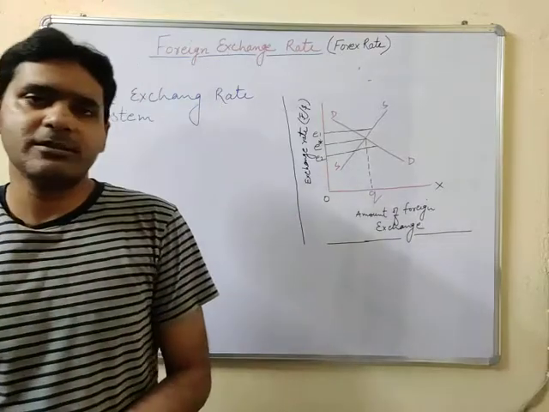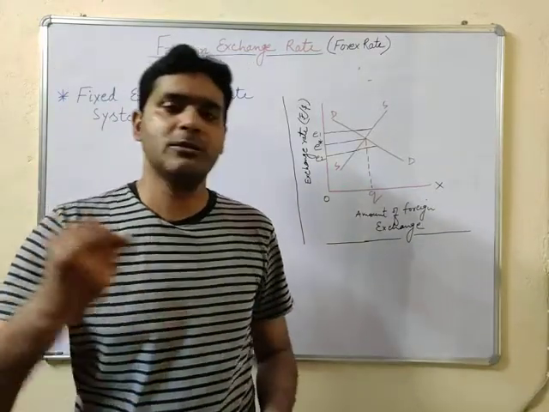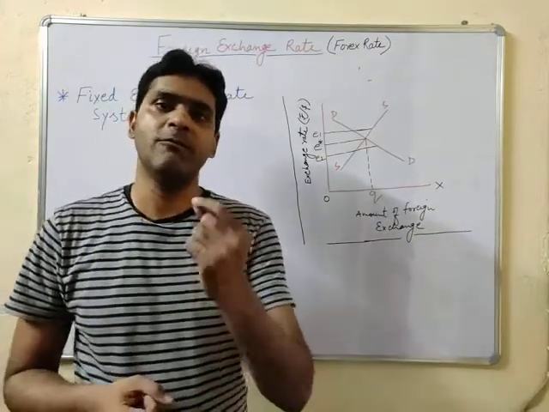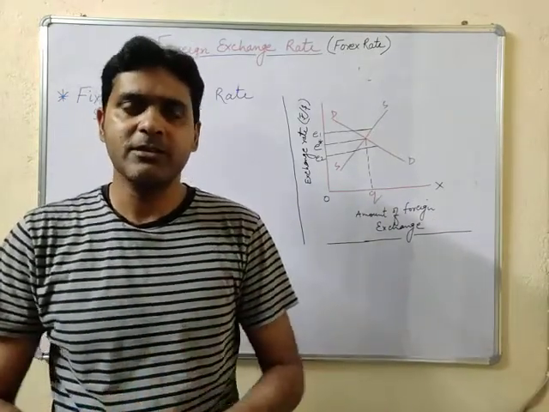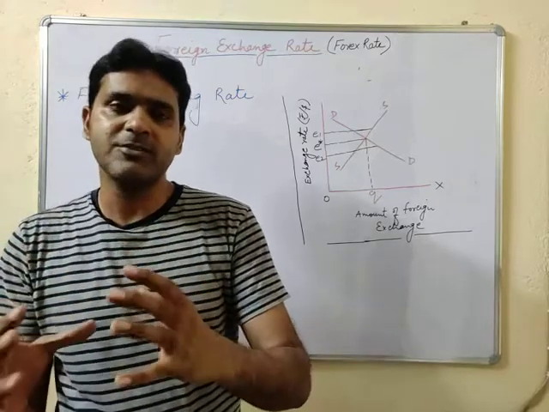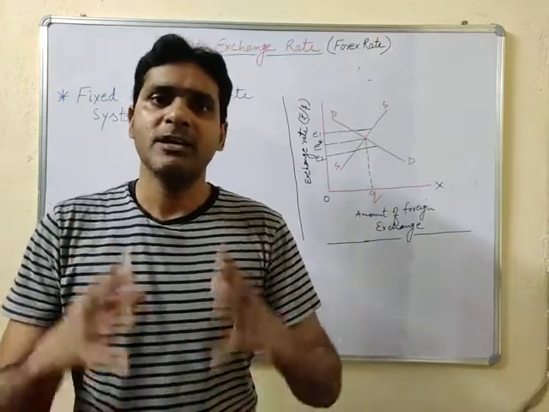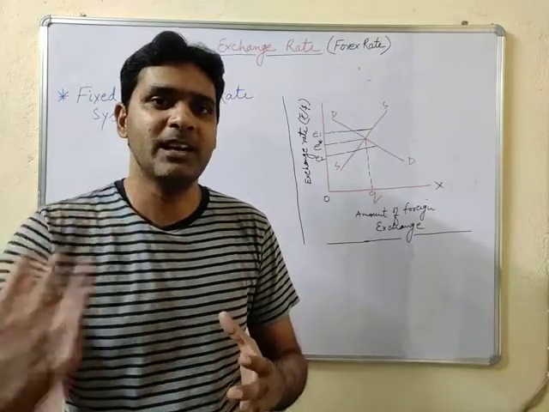But under the fixed exchange rate system, the government or the central monetary authority plays a vital role, because it is a system in which the exchange rate between two currencies is fixed at a government level.